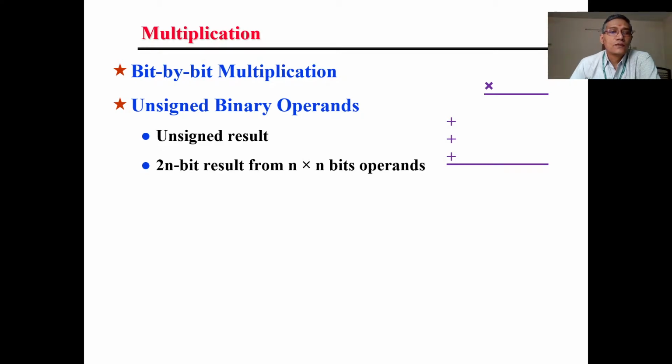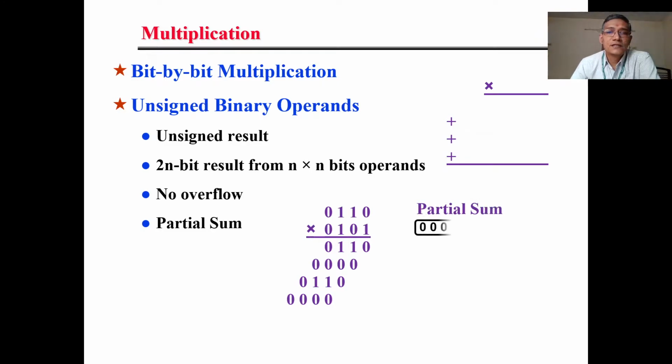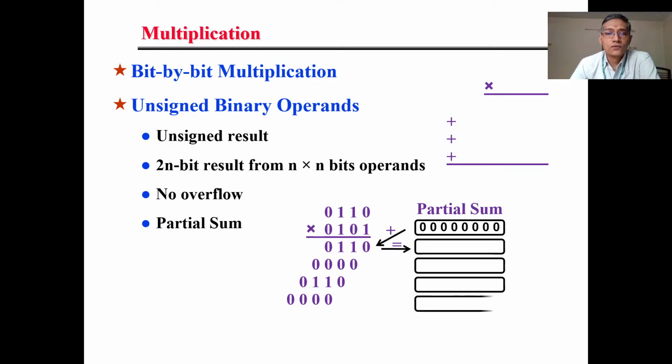If you have a multiplicand of n bits and a multiplier of n bits, we get a product value of 2n bits. Because both are positive numbers, no overflow will occur during the process of multiplication.